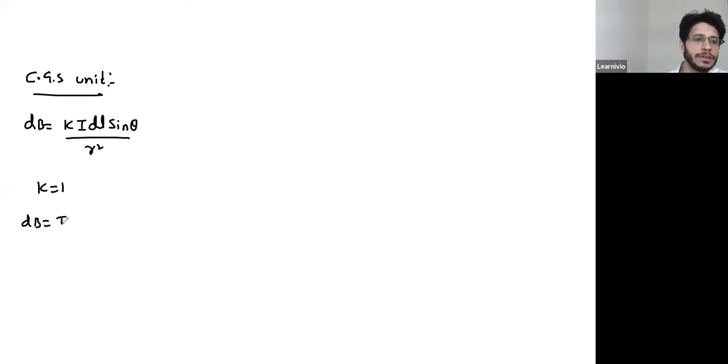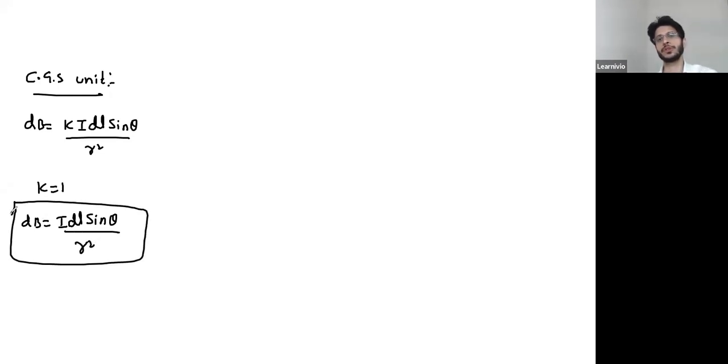So dB is just I dl sine theta over r square. So this is your expression in CGS unit. But I will never use CGS unit. We will always use SI unit, where the formula is mu naught by 4 pi I dl sine theta by r square.